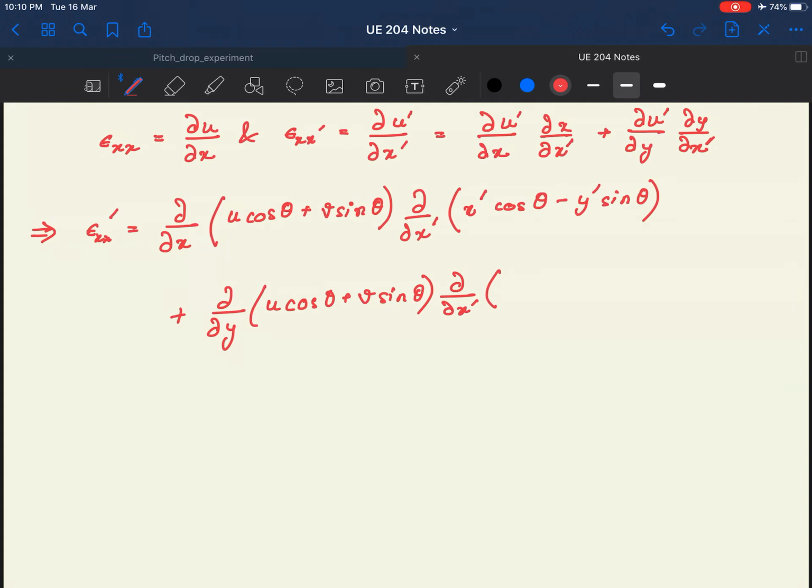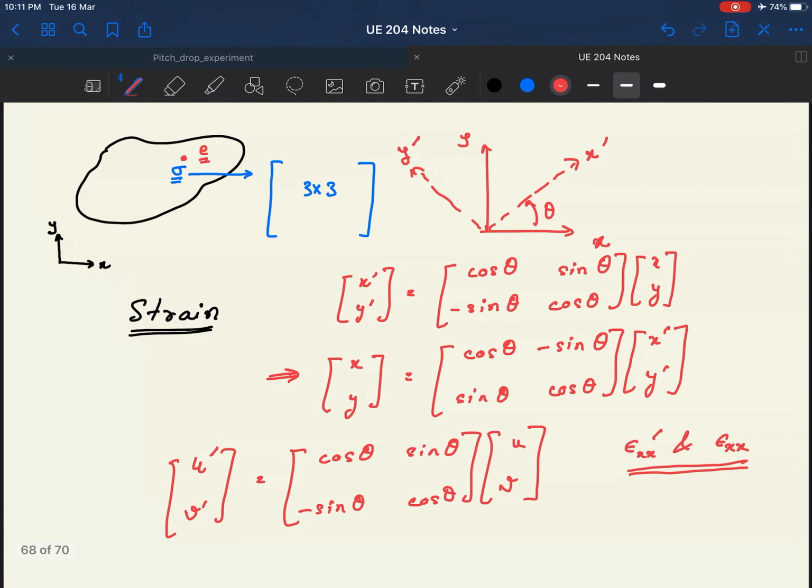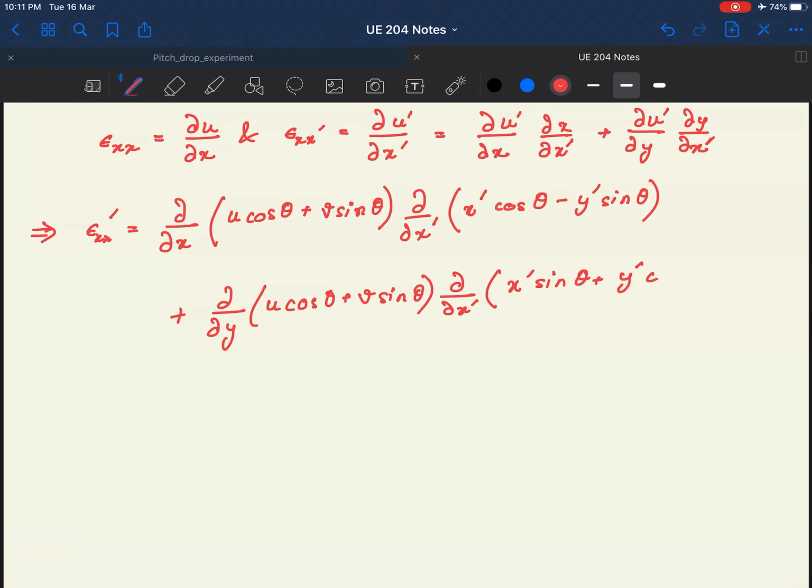So y will now be x sine theta plus y dash cosine theta. Okay, so my y is x sine theta plus y dash cosine theta, right.